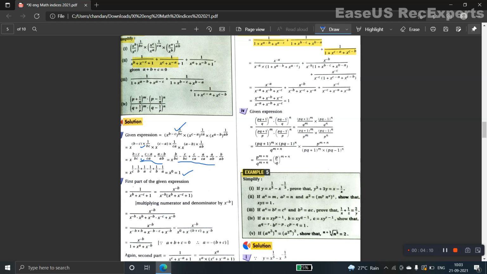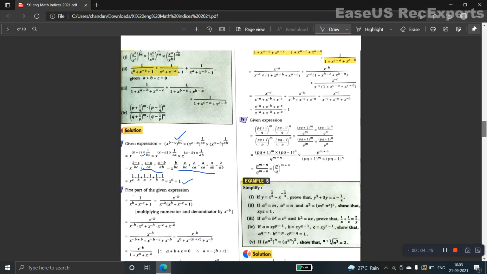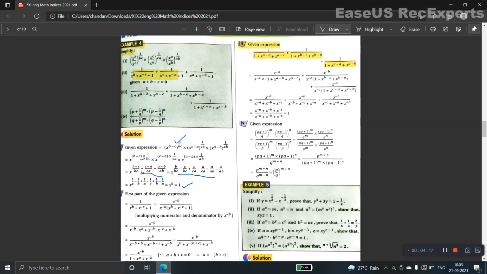So the value of the expression becomes 0. There are some more techniques. It is very hard to explain each of the problems, so I'll give some idea instead. This is a good problem. Here, this term is obtained by multiplying numerator and denominator by x to the power minus a, and similarly for the second and third terms.